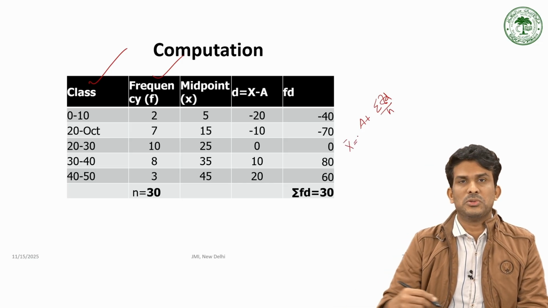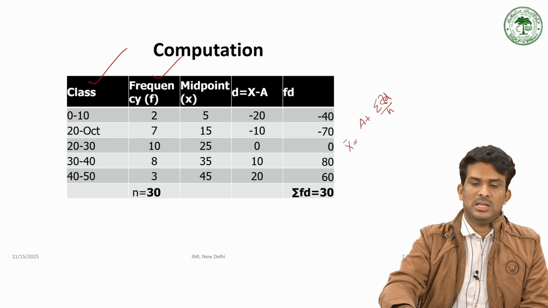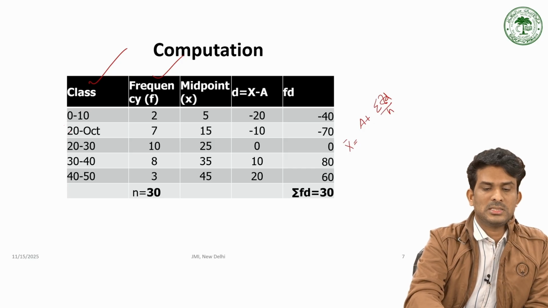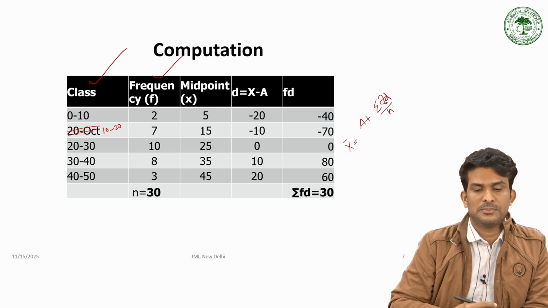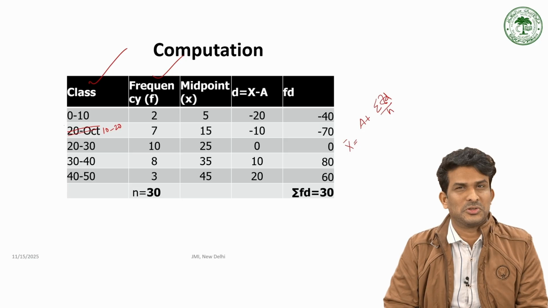So what you have to do is write the midpoints initially. I'm sorry, this has come wrongly. This is actually 10 to 20. Because of the calendar concern, it has come as 20th October. I'm sorry for that.